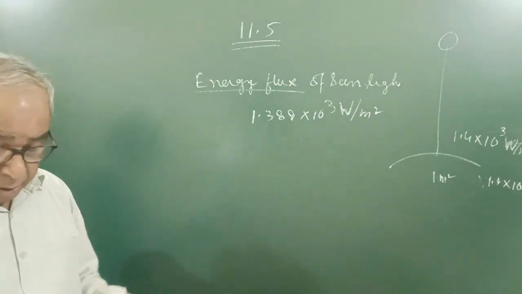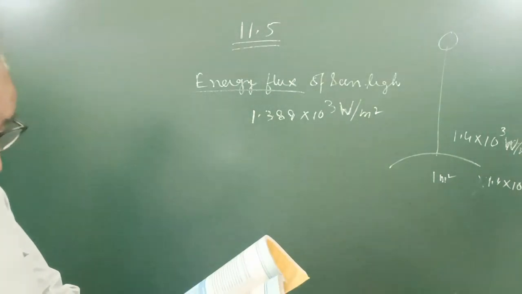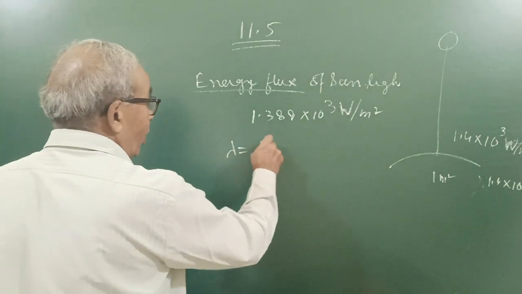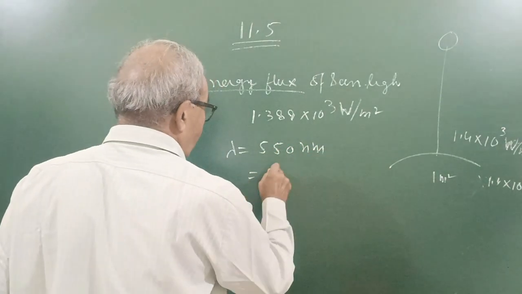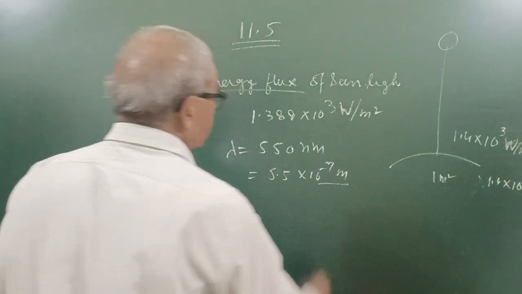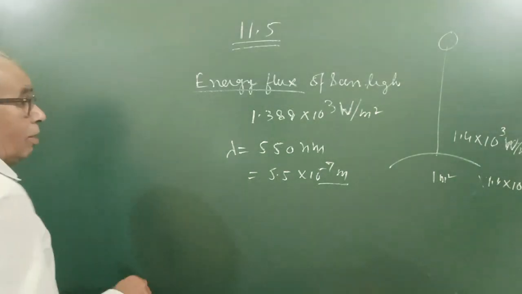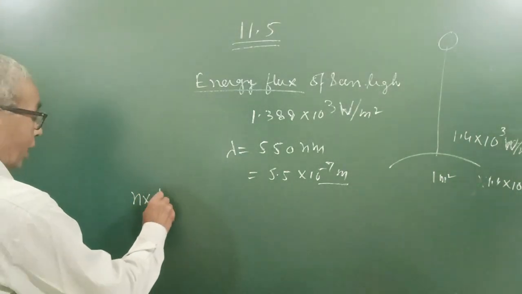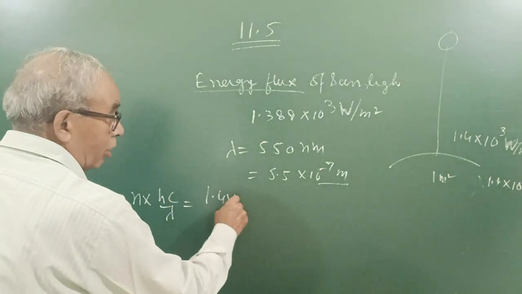So you are asked here how many photons per square meter are incident on a surface per second. Lambda of light, average, is 550 nanometer. 550 nanometer means 5.5 into 10 to the power minus 7 meter. So I hope you get it very clear. If n photons fall per second, then n into hc upon lambda is equal to 1.4 into 10 to the power 3.